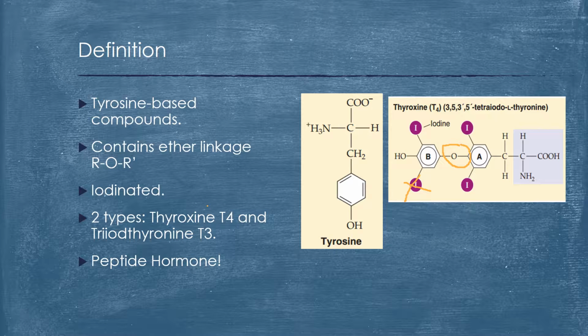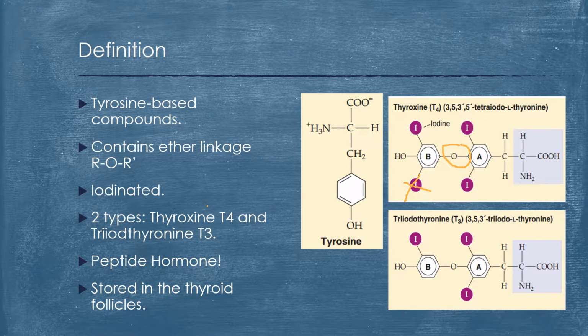It works through the cytosol. Its receptors are present in the cytosol. They are also in the mitochondria and also in the nucleus. It is stored in thyroid follicles. What do we mean by this? Let's see the next slide.